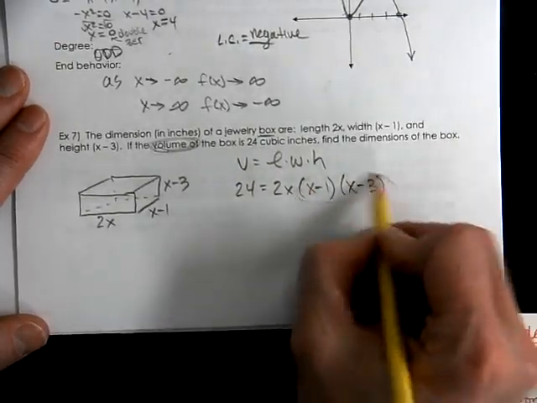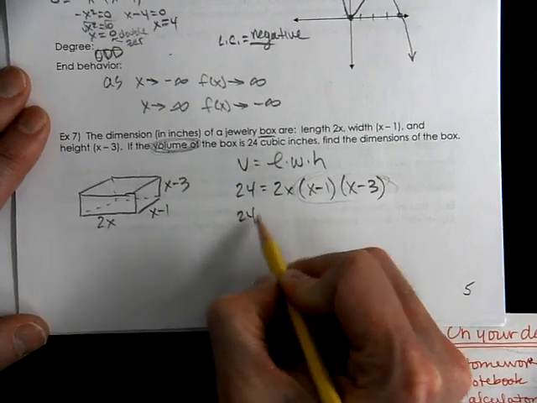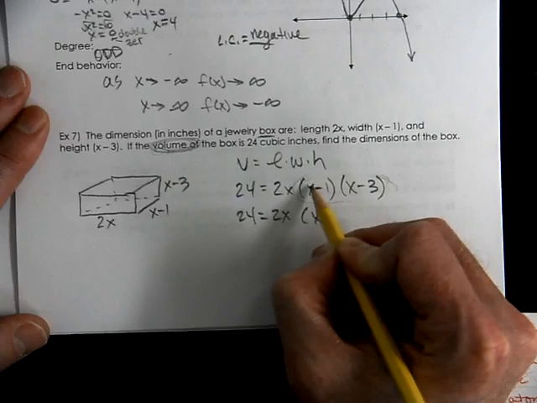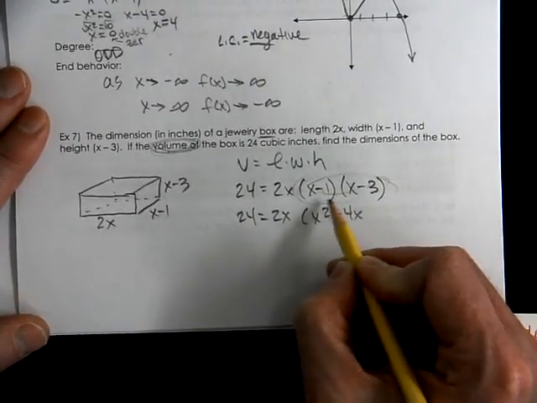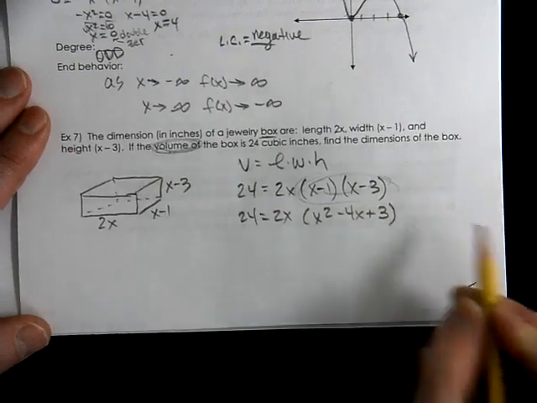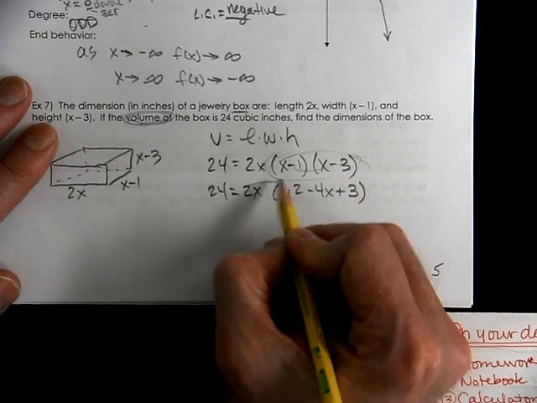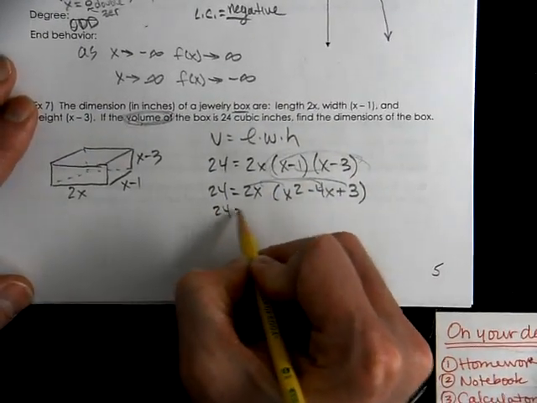So we're first going to FOIL this together. So we still have 24, we still have 2x, and we're going to get x squared. Negative 3 and negative 1 gives us negative 4x plus 3. Then we're going to come through and distribute our 2x through.